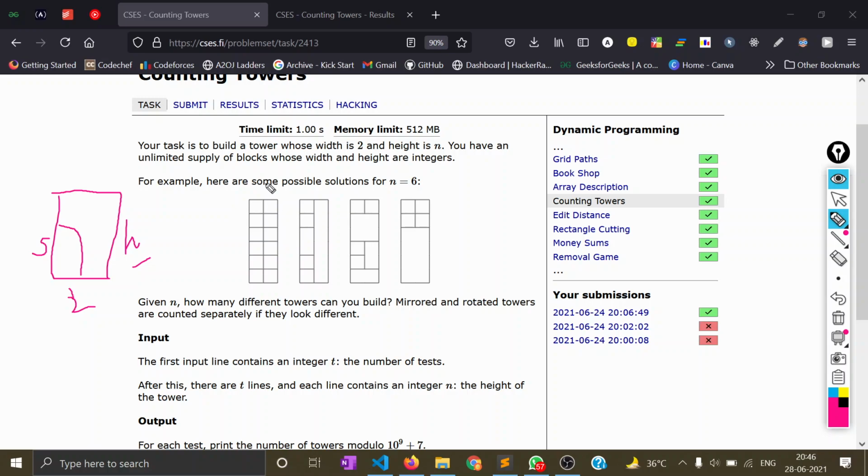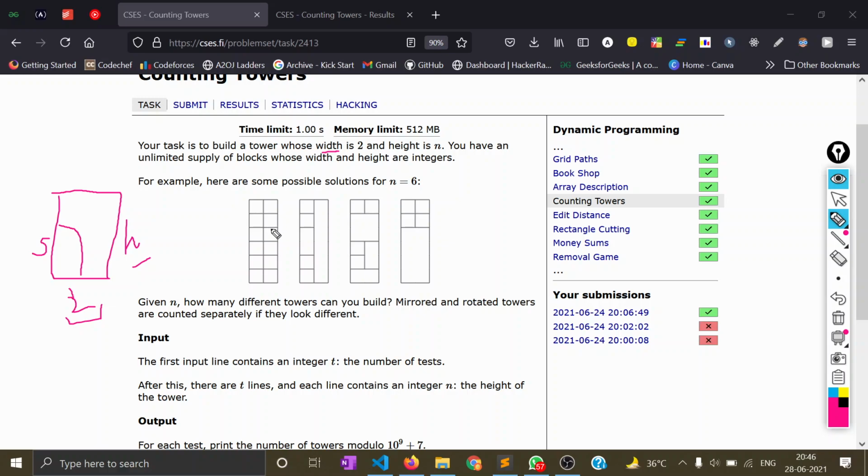There is just one thing: our width cannot be greater than 2. Our width can be only 1 or 2. These are the only two possibilities for the width of any block.